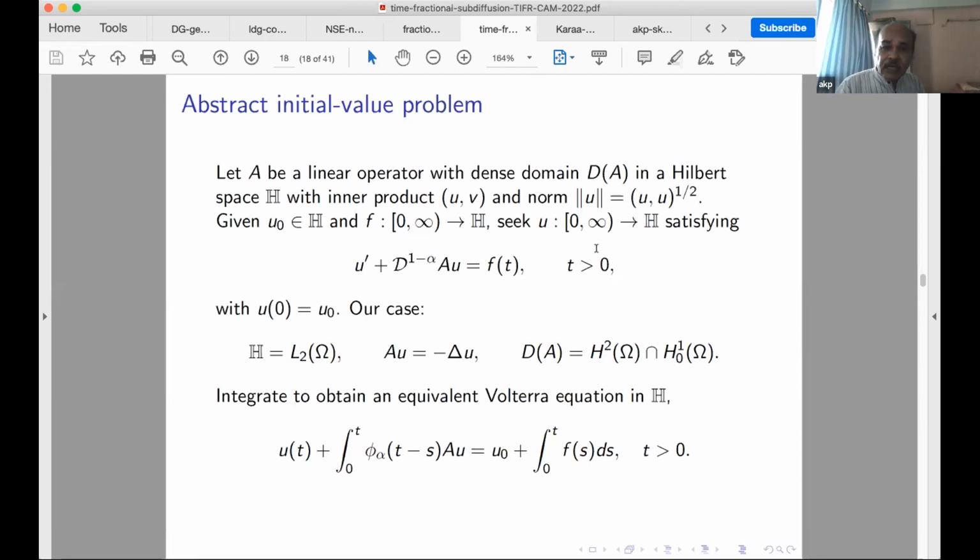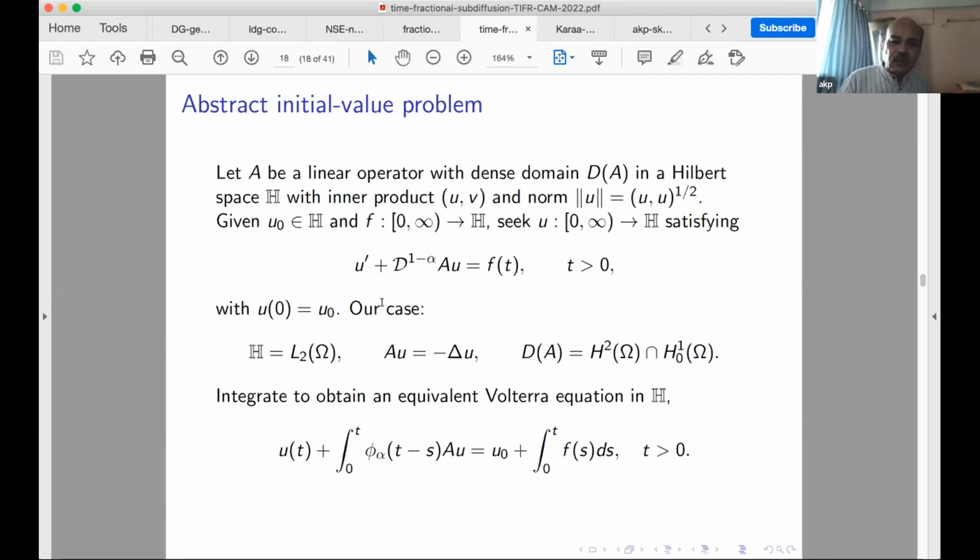So in this case, H is going to be L2, and the domain of A is going to be H2 intersection H01. H2 means that along with the function, the second derivatives are all square integrable. H01 means the derivative is square integrable along with the function, and it vanishes on the boundary, if you are not familiar with this notation.